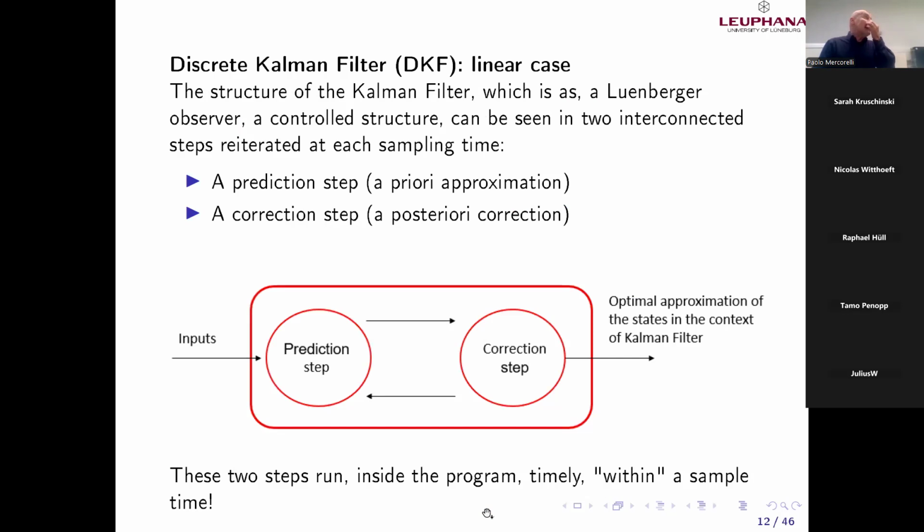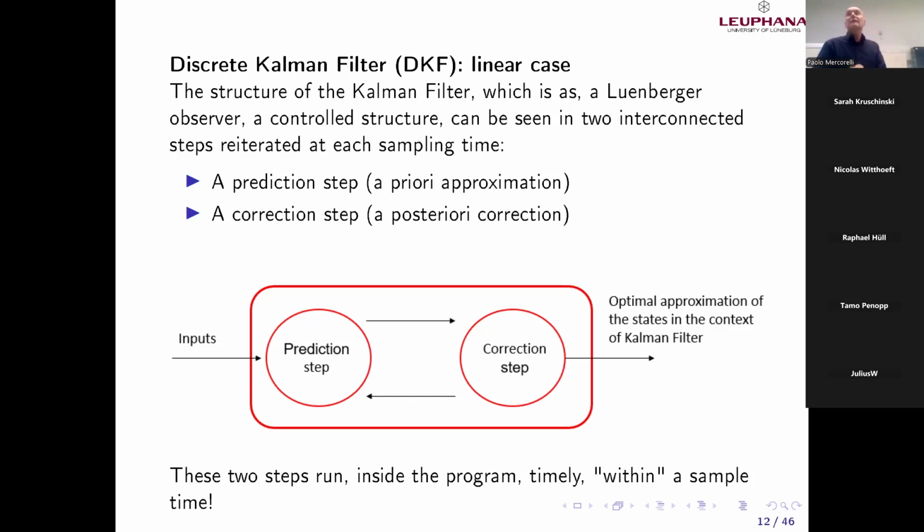Okay, let me start roughly to introduce the Kalman filter. We can see here in this slide, the message is that we have basically in the Kalman filter, the picture is not really a good picture, but I try to explain what I intend. It could also be improved. The Kalman filter basically consists, please pay attention, internally, within a sample time, of 2 steps: prediction step and correction step.